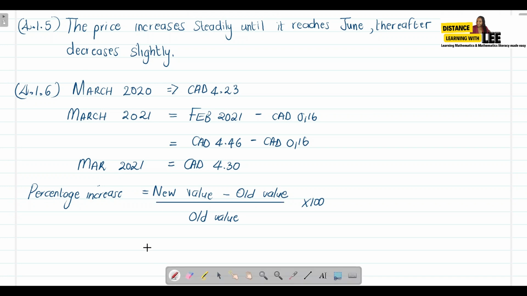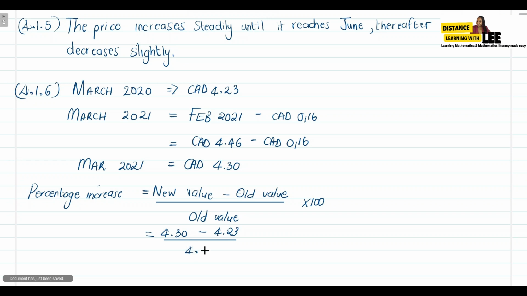All right, so the new value is 4.30 Canadian dollars minus the old value, which is 4.23. This is the new value because it is the most recent one, and this is the old value because it is the older one. Divided by the old value, which is 4.23, multiplied by 100.